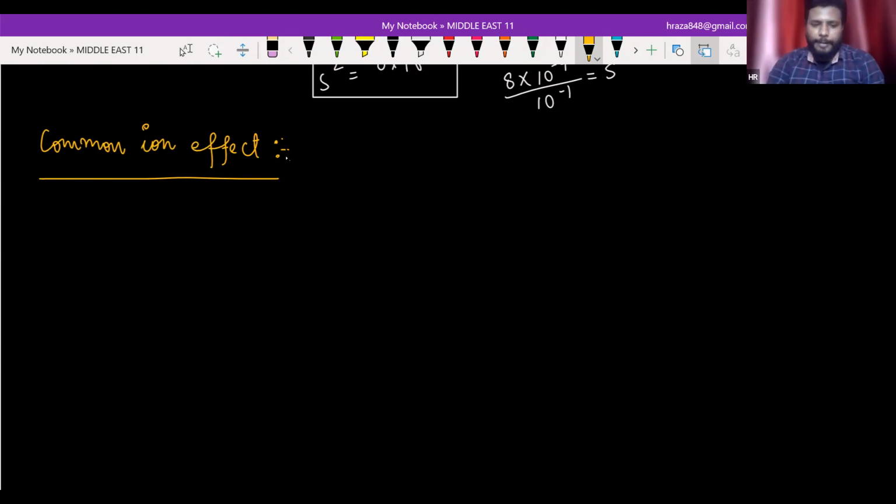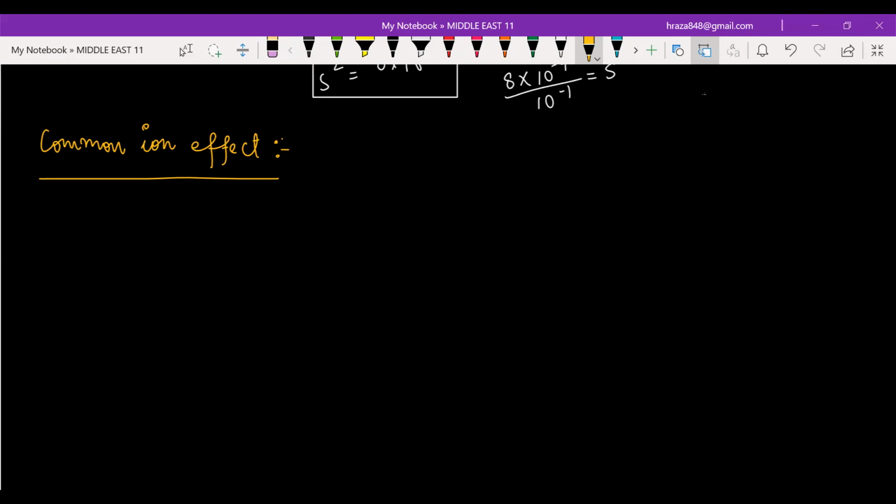Do you remember? Le-Chatelier's principle: change in any factor that determines the condition of a system will cause the system to change in such a manner that it will reduce the effect.